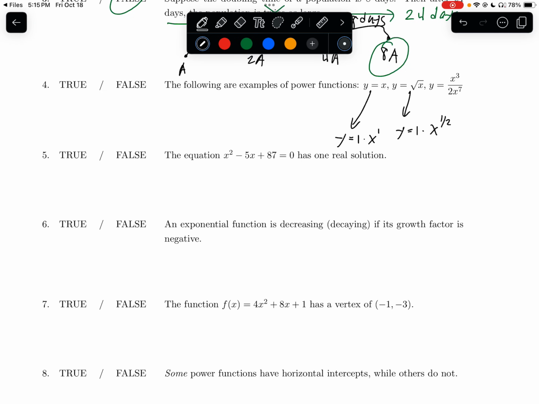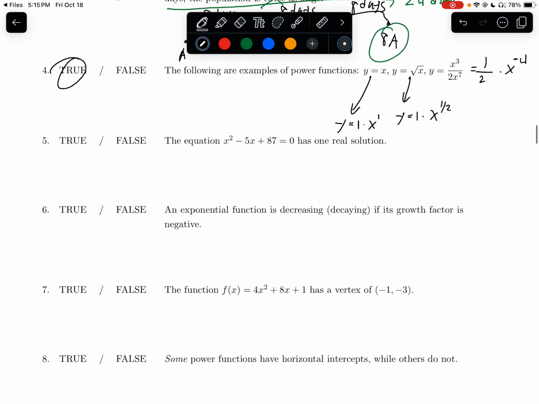And then for the last one, we can simplify it a little bit. We have an x cubed in the numerator and x to the 7th in the denominator, so we can say this is 1/2 times x to the negative 4. And that's a power function, so that's true.